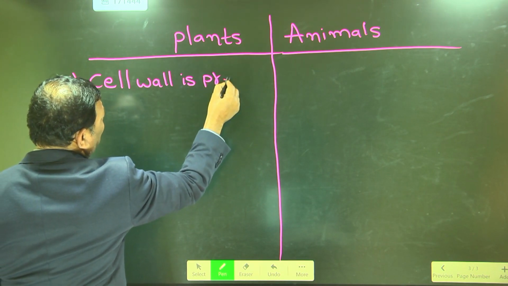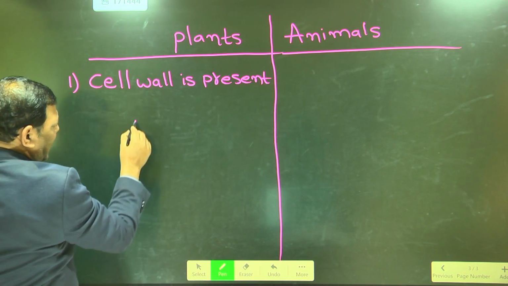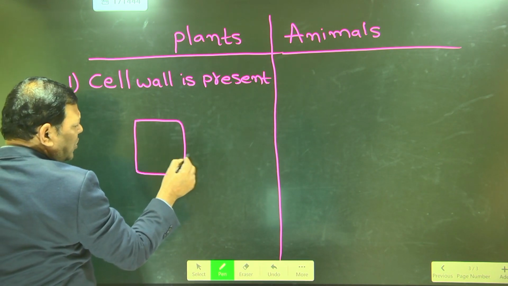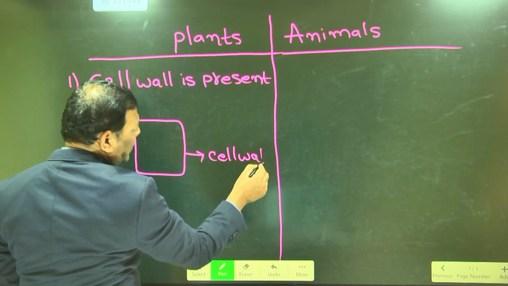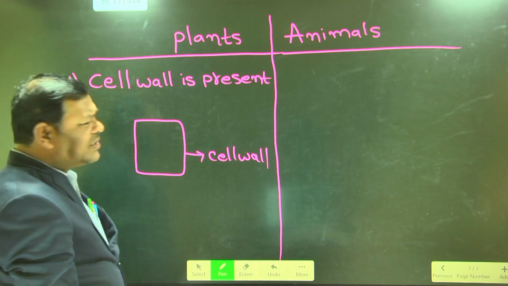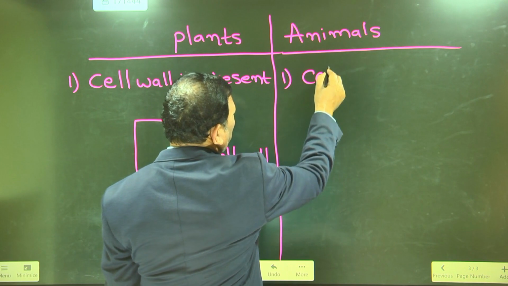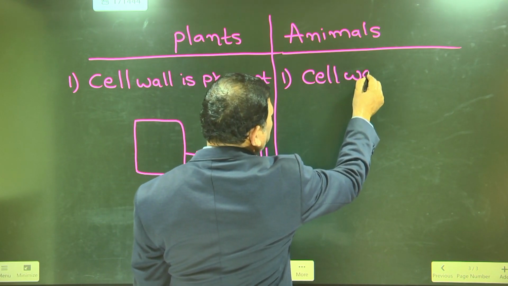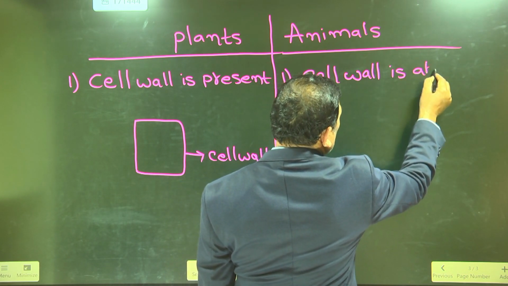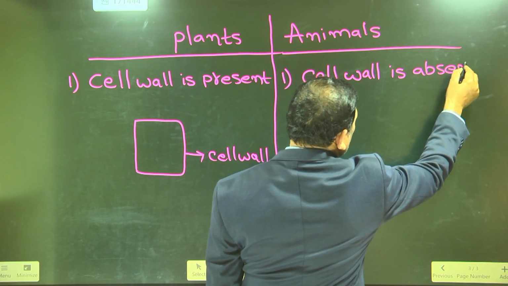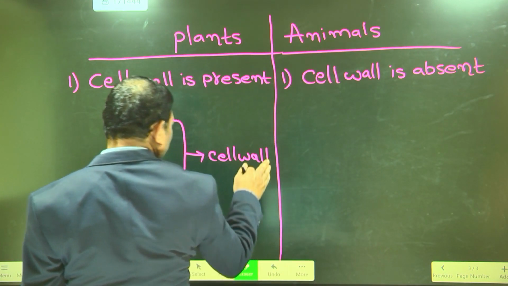If you see the plant cell, the outermost layer is known as the cell wall. In animals, the cell wall is absent. This is the first characteristic difference between plants and animals.